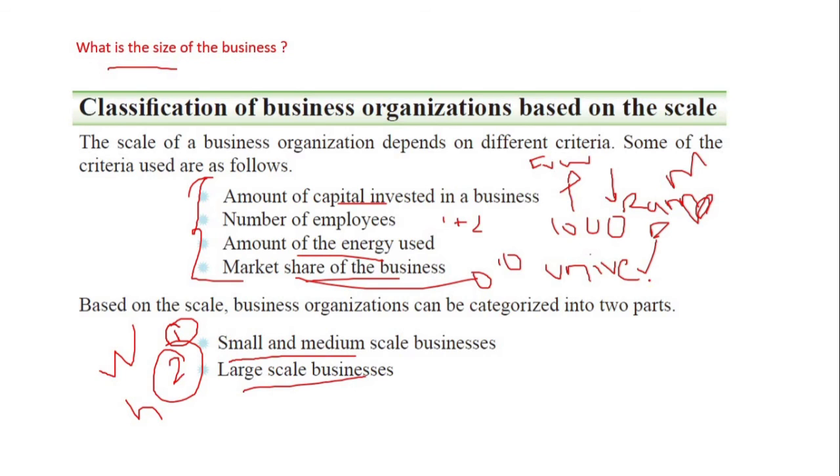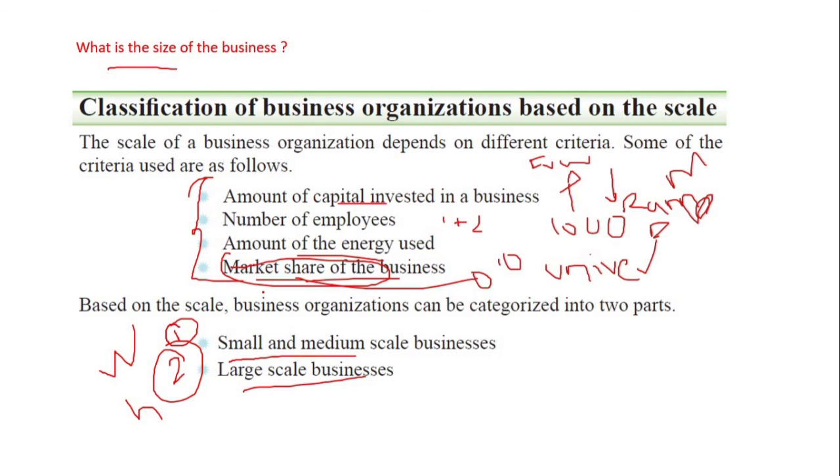If you go to your washroom, obviously the soap is produced by Unilever. Your toothpaste is produced by Unilever. Your shampoo, obviously, is produced by Unilever, right? There are lots of products produced by Unilever. So the number of consumers is very high for Unilever products. Market share means number of customers, nothing else. If the number of customers is very high, that is a large-scale business.